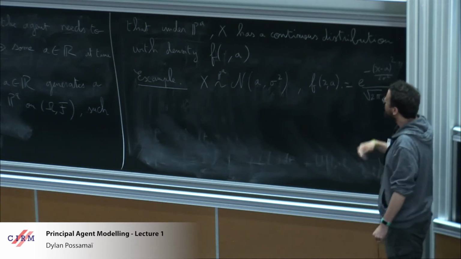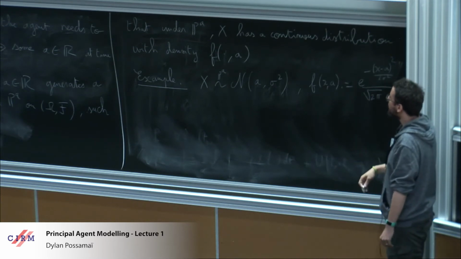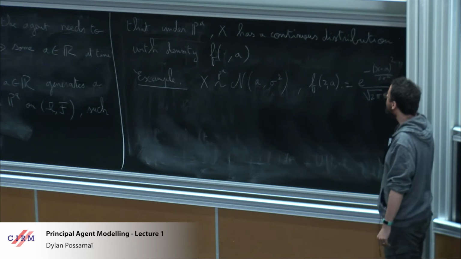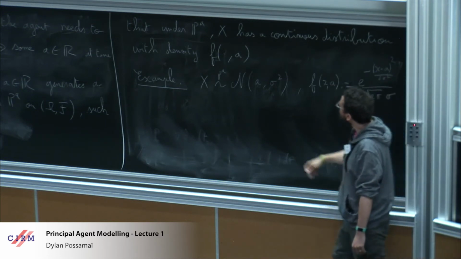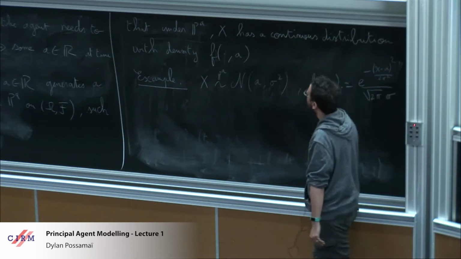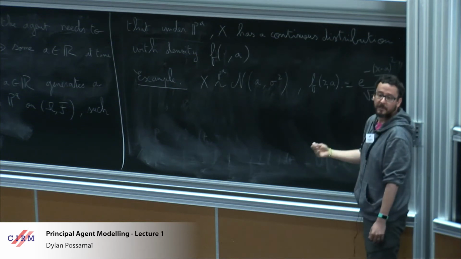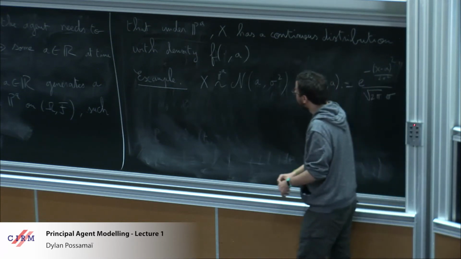Now, we know that the agent is choosing an effort, it generates a probability measure, so it generates a distribution for the output. How does he choose the effort A? Well, he is going to be a utility maximizer.